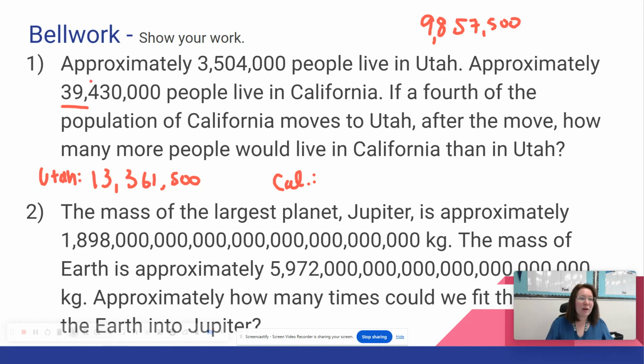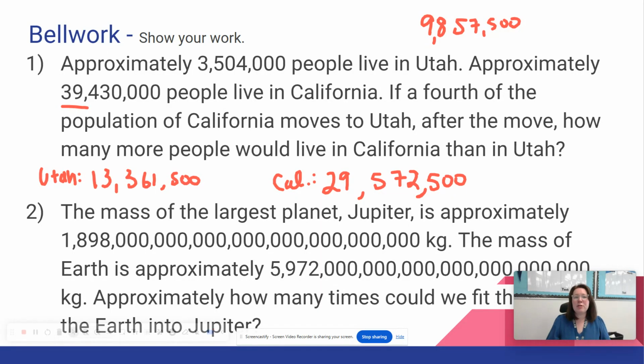So now in my calculator, I'm doing 39,430,000, take away these imaginary people who moved to Utah, 9,857,500. And now in California, there are 29,572,500 people. There's some commas that belong in there.